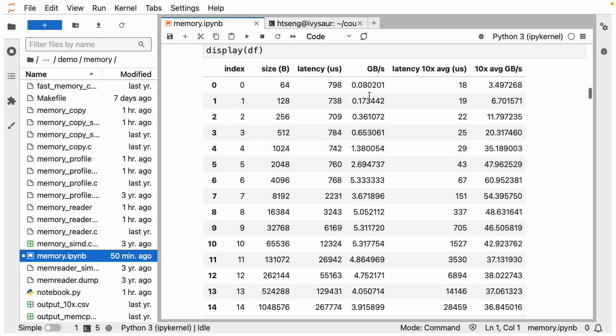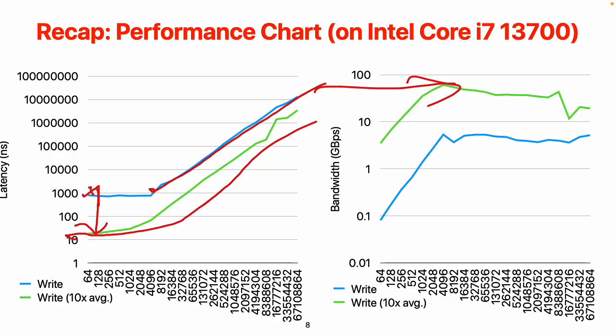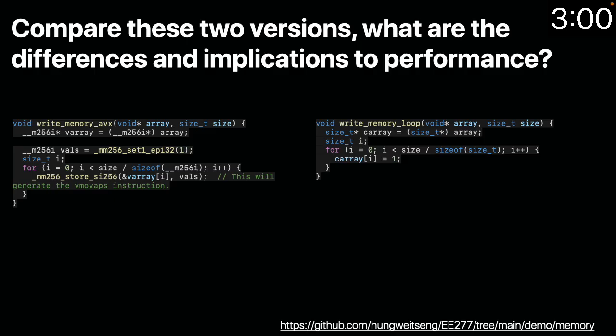With the first run, we only get like 5 gigabytes per second, right? And remember, we are running this system with a pretty advanced processor. So 5 gigabytes per second is too slow. So can you have a quick discussion and discuss what's the difference between the left-hand side and the right-hand side in terms of the memory write operations?